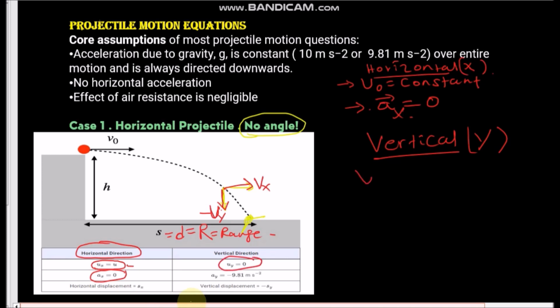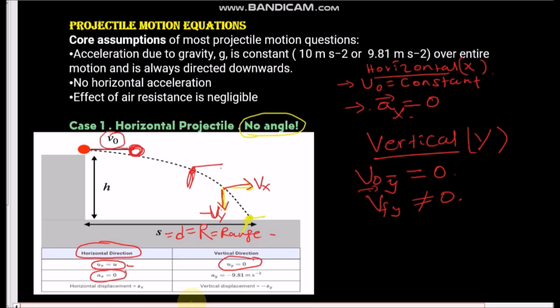That means the initial velocity across the y is equal to 0, because the object is projected with an initial velocity only horizontally. But after a certain point, the final velocity across the y is different from 0. Don't forget this.